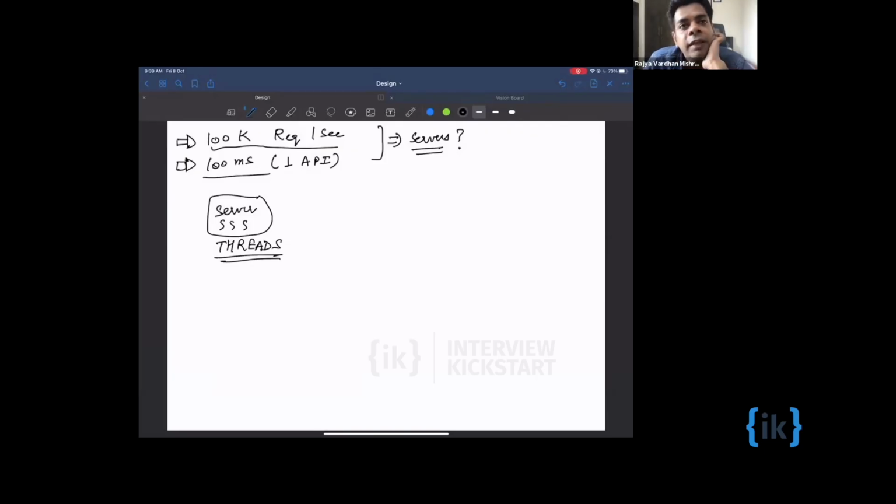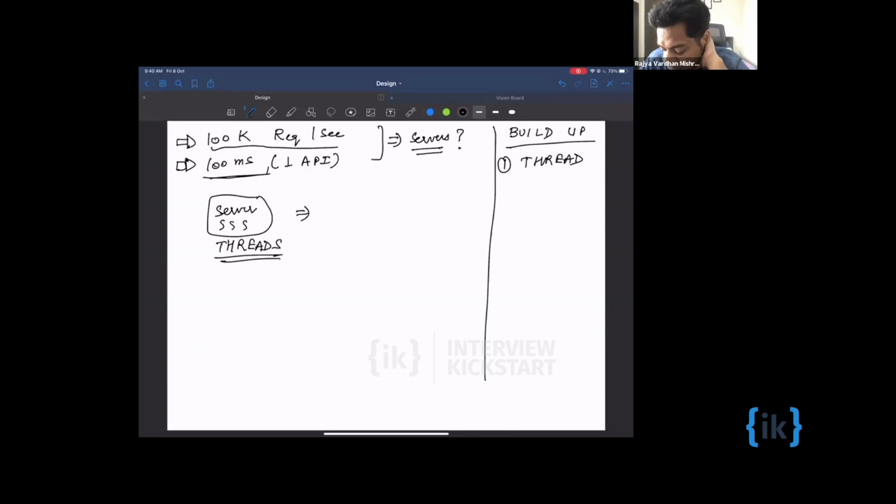You say, okay, so then I need to identify first how many requests can be served by one thread in 1 second. So this is how you will build up. You start with a thread.